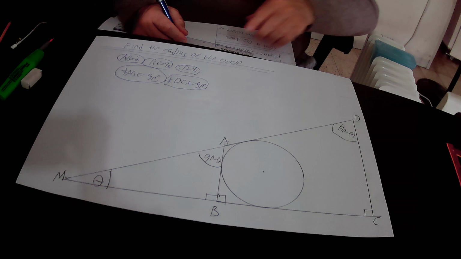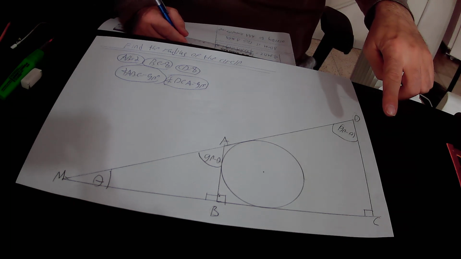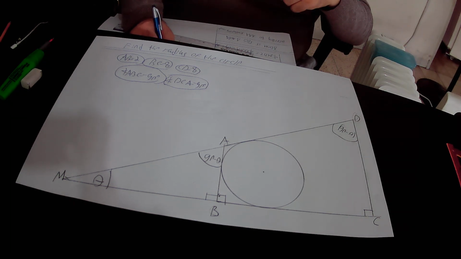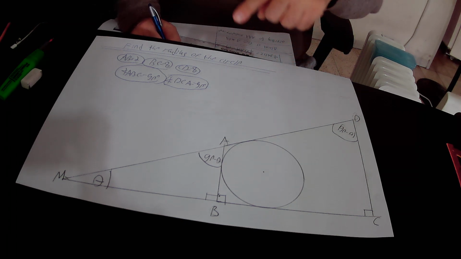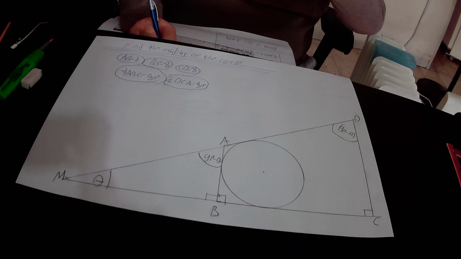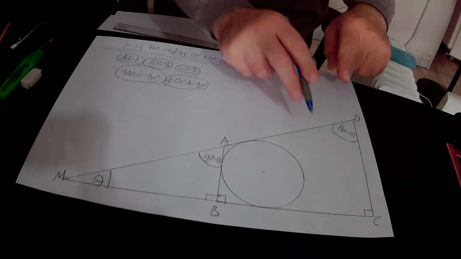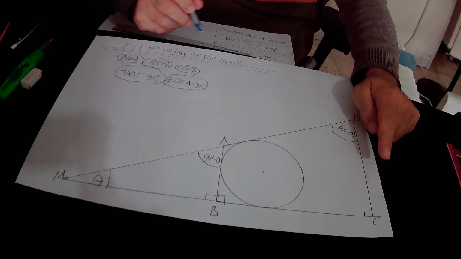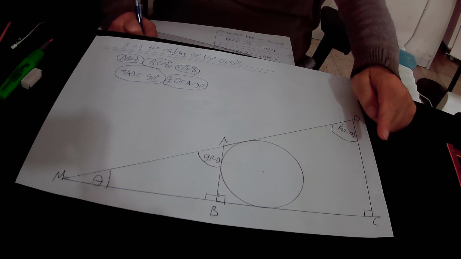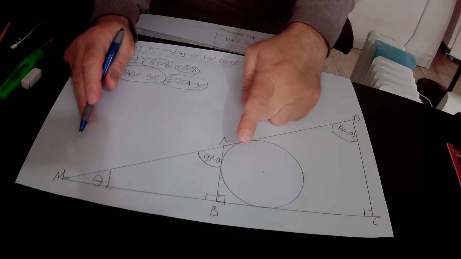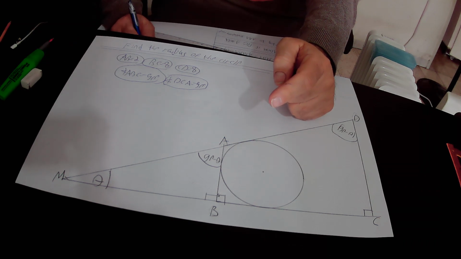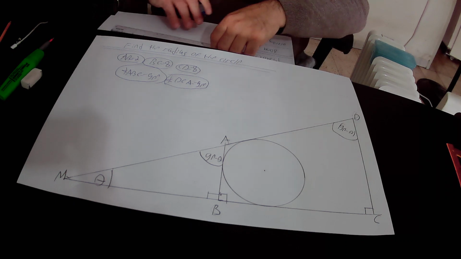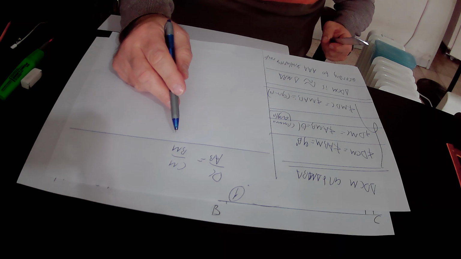Side DC in the big right triangle DCM over side AB in the small right triangle MBA equals side CM in the big right triangle DCM over side BM in the small right triangle MBA. We derive that DC over AB equals CM over BM.